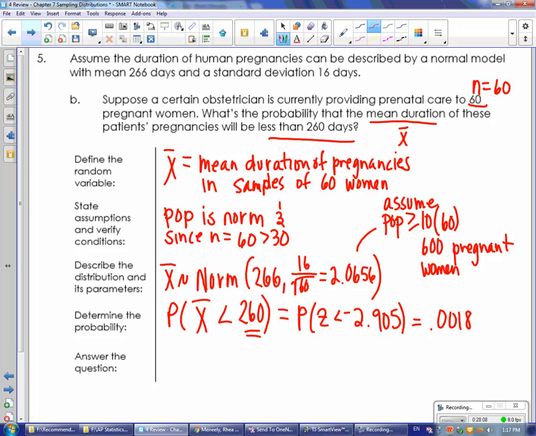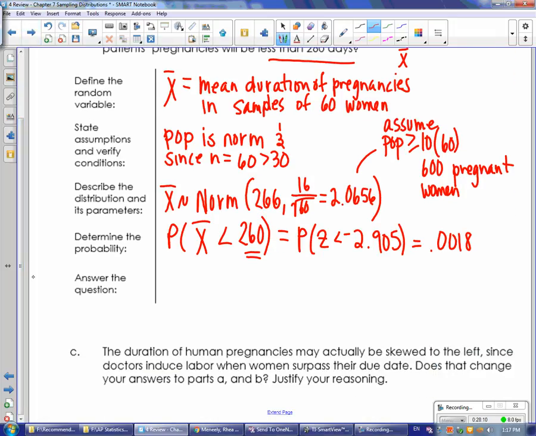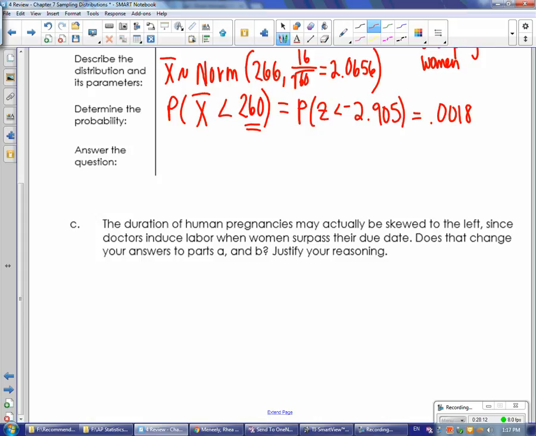The last question, and this is an important one to note, says the duration of human pregnancies may actually be skewed to the left since doctors induce labor when women surpass their due dates. So if we think about, initially we were saying pregnancies should be normal with a mean of 266 days. So it is possible that women could give birth at day 200.